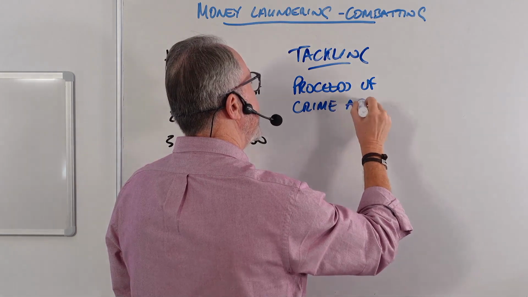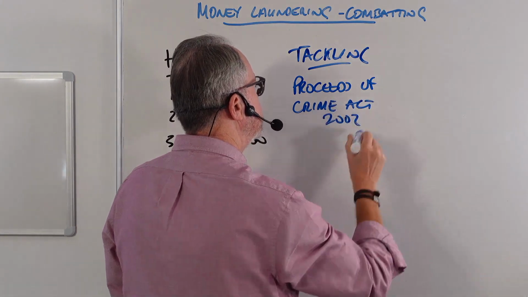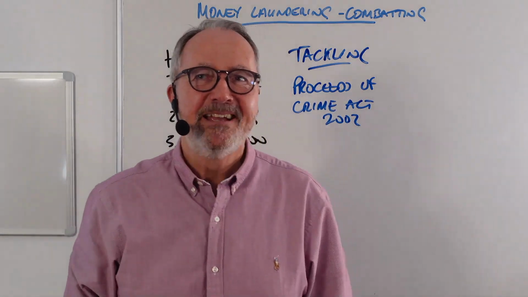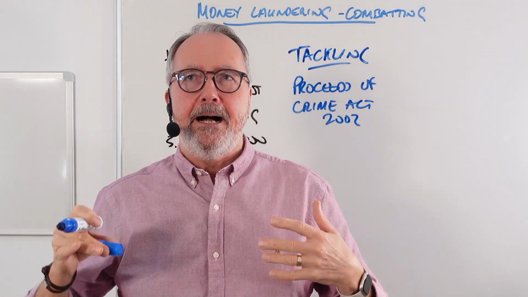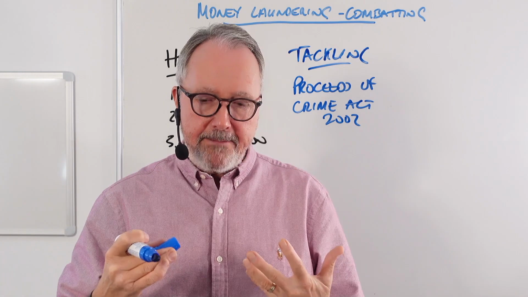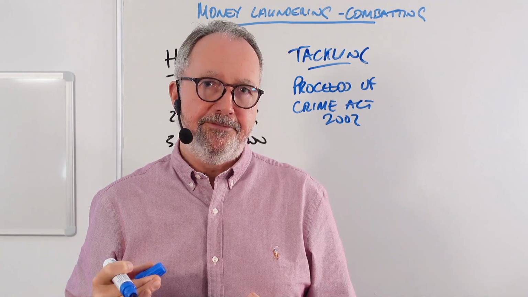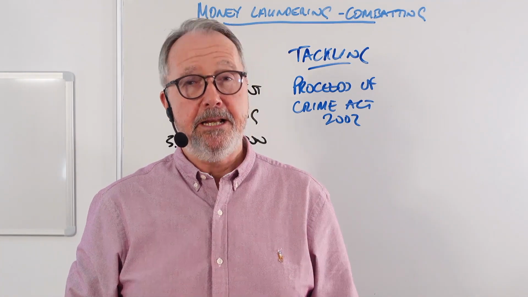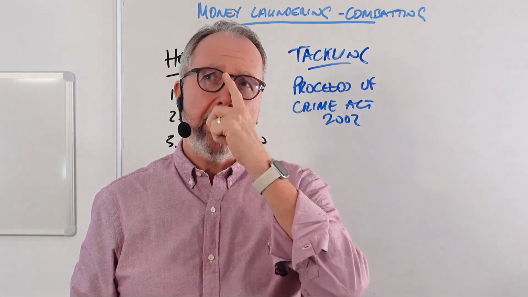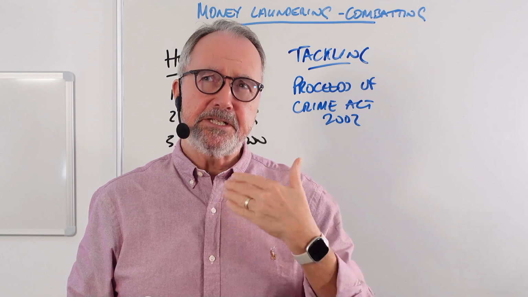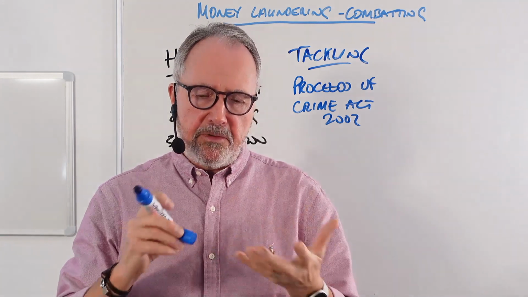It's quite an old act now. It's 2002, which is over 20 years old. So it's pretty heavy. Now, the Proceeds of Crime Act makes it a crime where you can be put away for up to 14 years in prison and an unlimited fine as well. So there's no mucking about here. It makes the crime, first of all, to conceal or disguise or deal with criminal money.